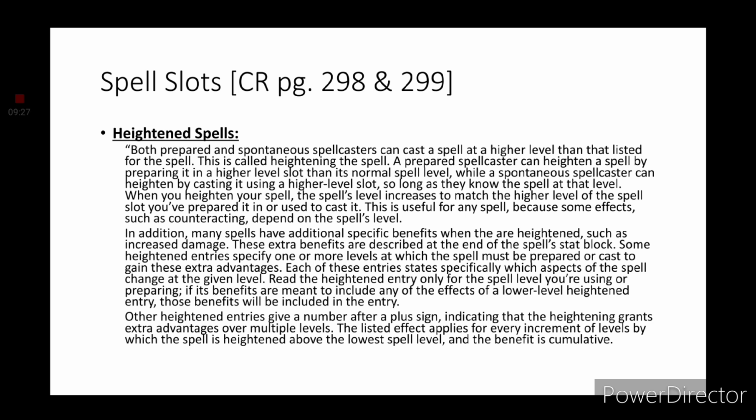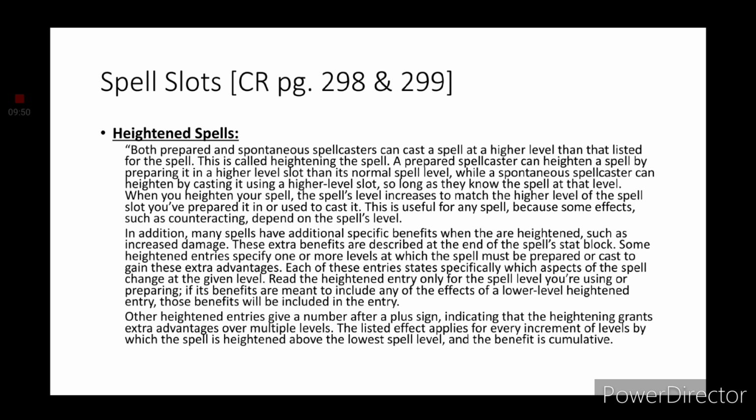Other heightened entries give a number after a plus sign, indicating the heightening grants extra advantages over multiple levels. The listed effect applies for every increment of levels beyond which the spell is heightened above the lowest spell level. The benefit is cumulative.